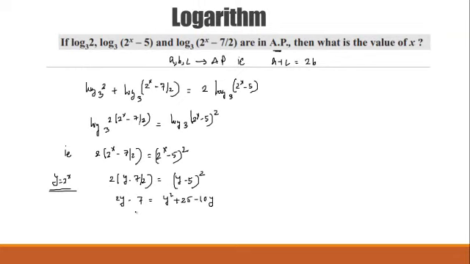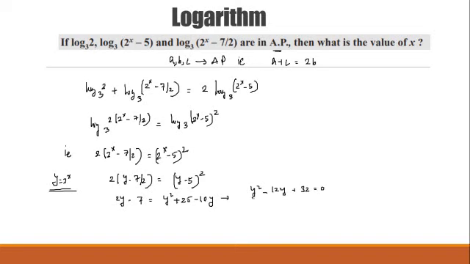Now if I rearrange these terms, we get y squared minus 10y minus 2y, which is minus 12y, plus 32 equals 0.